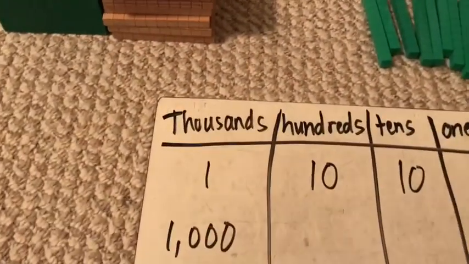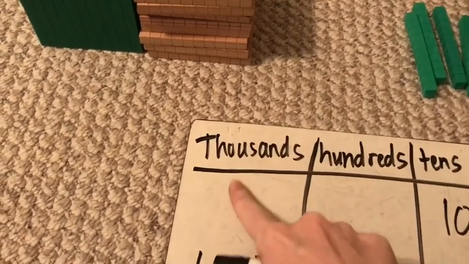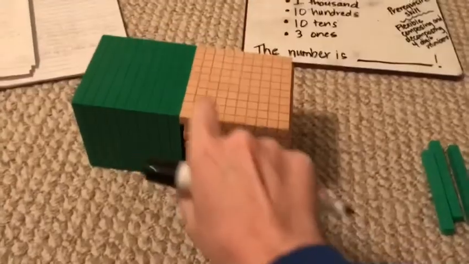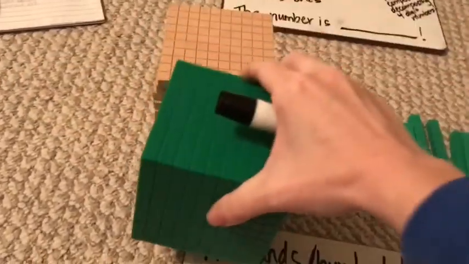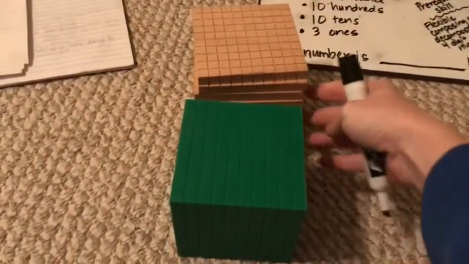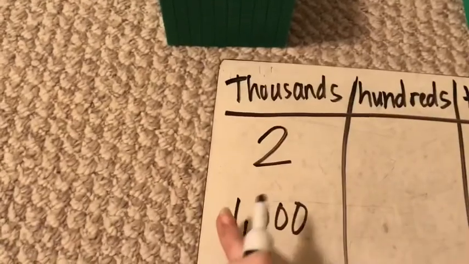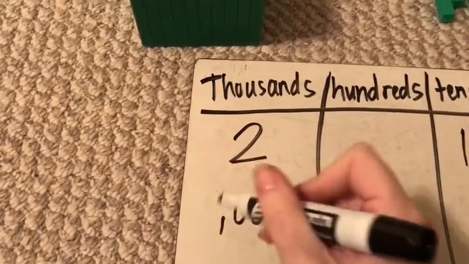So what I can do is, instead of leaving 10 in the hundreds place, I can shift these over with my 1,000, and now I can think of this as 2 1,000s or 2,000.